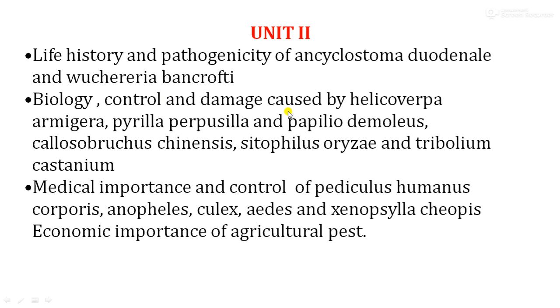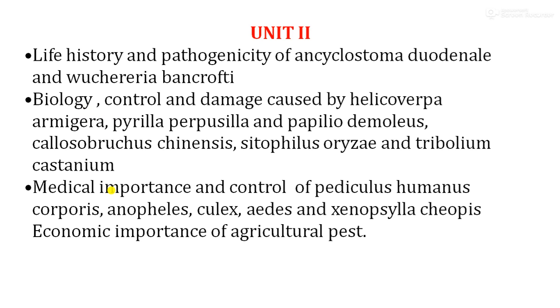Then in the second point, we have to study some of the pests of our crop plants. In this, we have to study Helicoverpa, Pyrilla, Papilio, Callosobruchus, Cytophilus, Tribolium, these pests, the life cycle of these pests, the damage caused by these pests, and the control of these pests.